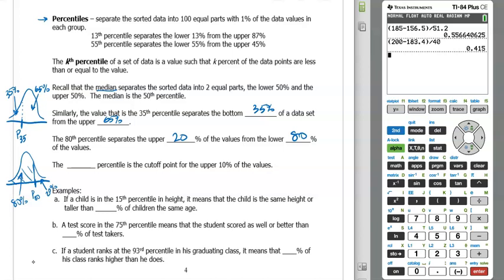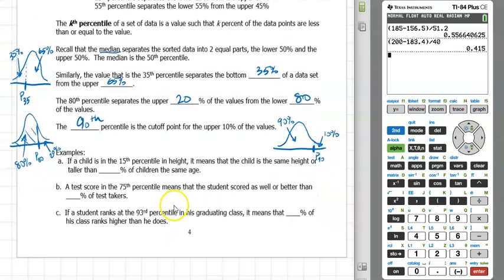And then the blank percentile is the cutoff point for the upper 10% of values. The upper 10% of values being cut off means it's going to be a large data value up here, which is the 90th percentile. It has 10% more, and we call it the 90th percentile because 90% of the data are less.